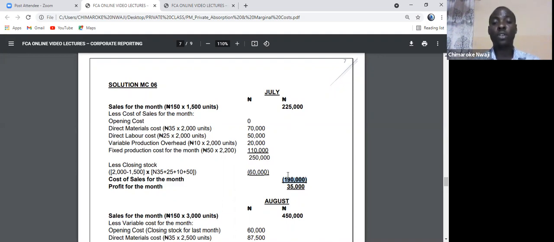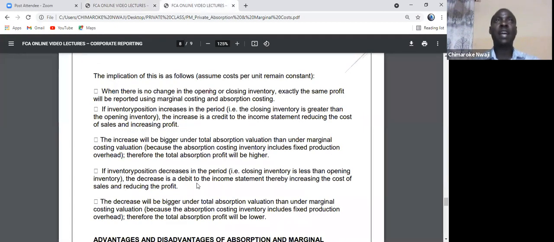But here you see, your profit for July happens to be 35,000. But just note that each time you have an increase in your closing stock, it will reduce your cost of sales, sorry, but it will increase your profit.